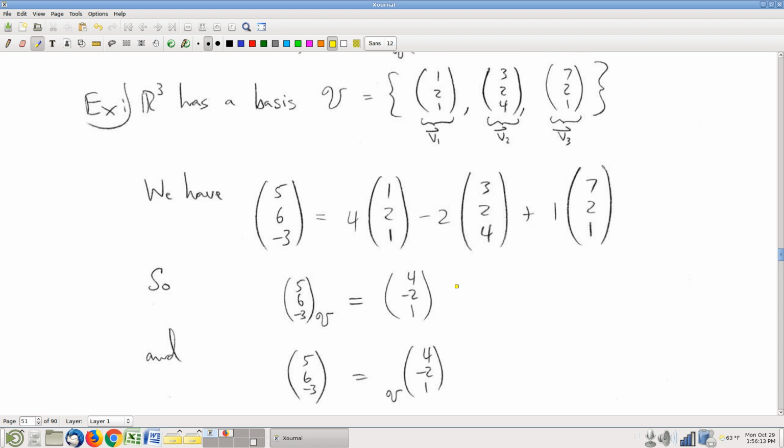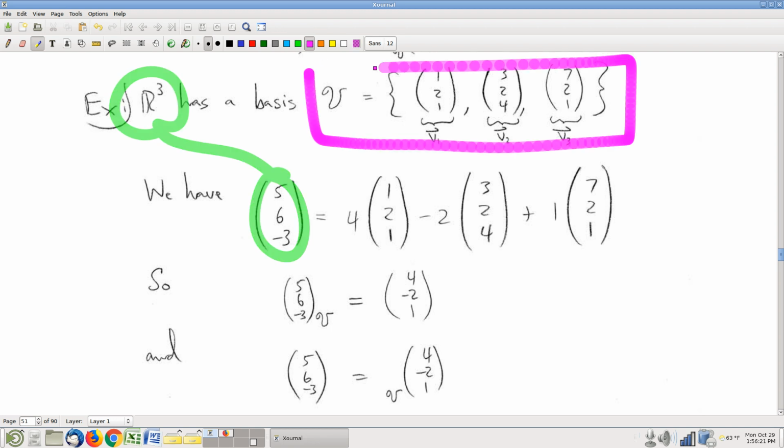So here we go. R3, that's a vector sitting inside of R3. Here's the arbitrary basis that I'm picking. Notice I'm writing my given vector in the vector space as a linear combination of the basis vectors. Again, there's a row reduction to actually find these coordinates. Y'all can do that on your own. Here's what those coordinates are.